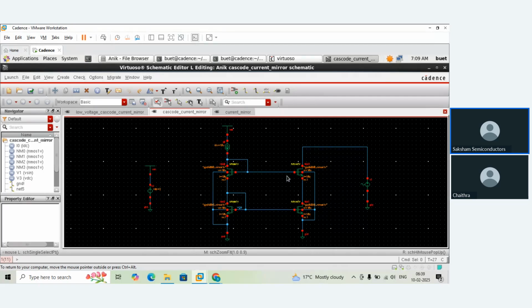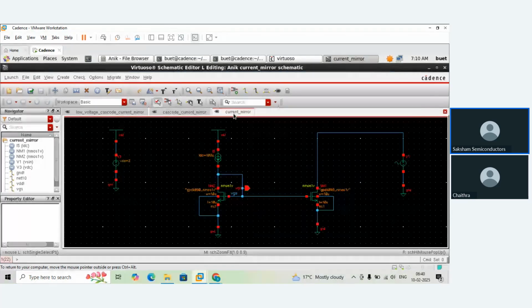By adding additional MOSFETs, we increase the area of the circuit by a small amount, but the output resistance is tremendously large, and that is beneficial for my current mirror.